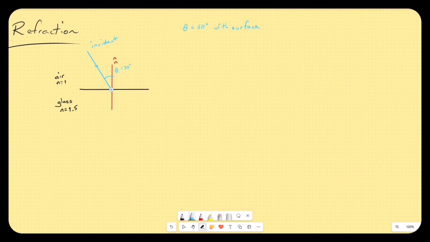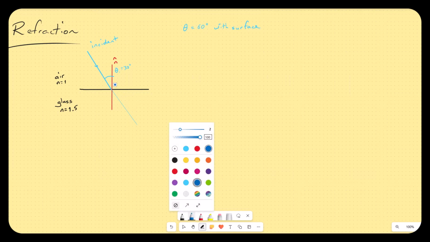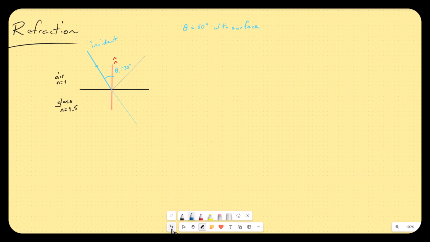Now, one thing that I pointed out but didn't really spend a lot of time on in the introduction video is this. I said sometimes you get this reflected ray. It just looks like this. And here's my theta reflected.